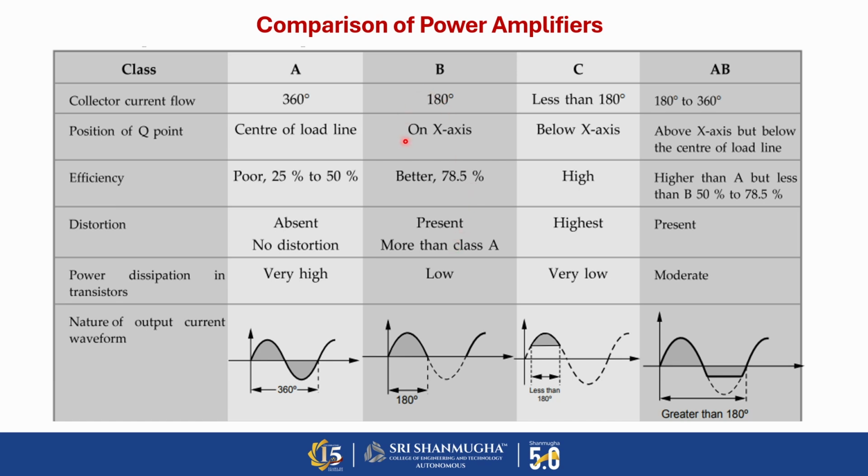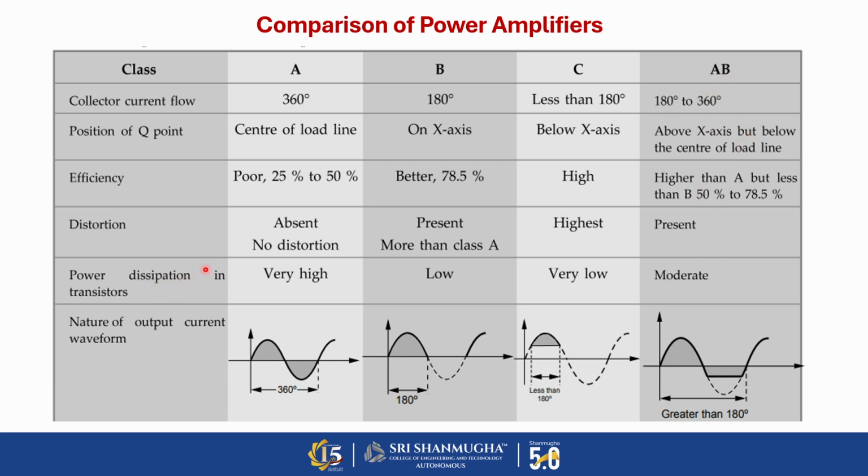To avoid the crossover distortion we go for class C, but there we get the highest distortion. In the class AB power amplifier, we avoid the crossover distortion that takes place in the class B type, so we get only slight distortion.